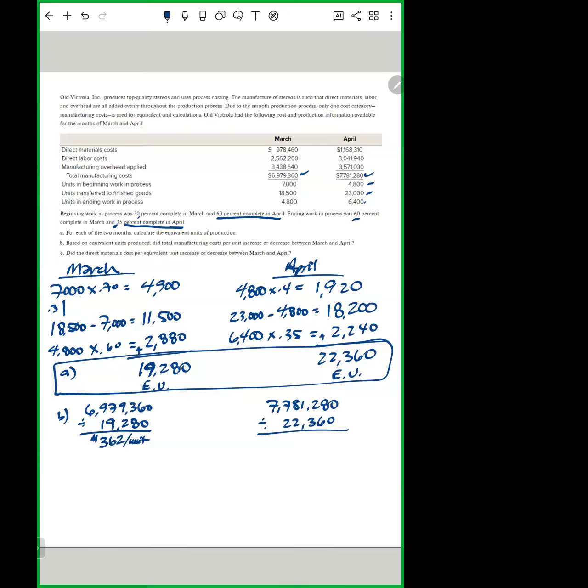All right. So this is dollars. So try to be clear. 7,781,280 divided by 22,360, and I get $348 per unit. So the question, did total manufacturing costs increase or decrease between March and April? From March to April, it went down, right? We had a decrease.